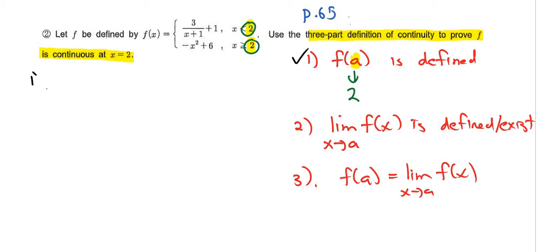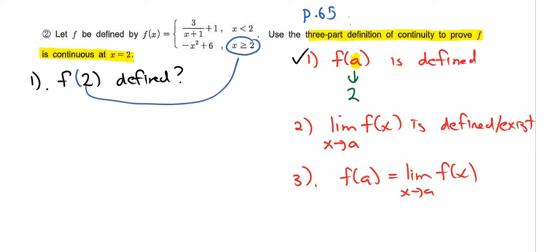So for part 1, is f of 2 defined? If you look at your piecewise function, 2 is defined at this part of the piecewise function because x actually equals 2. So you're looking at this part of the graph right now. For f of 2, you just plug in 2 for that quadratic right there.